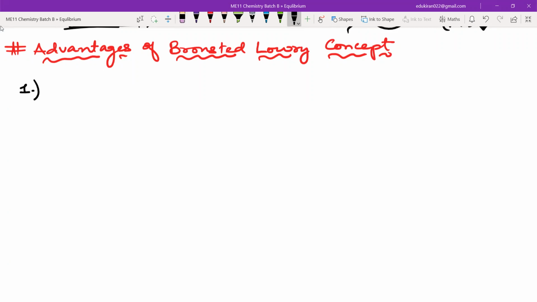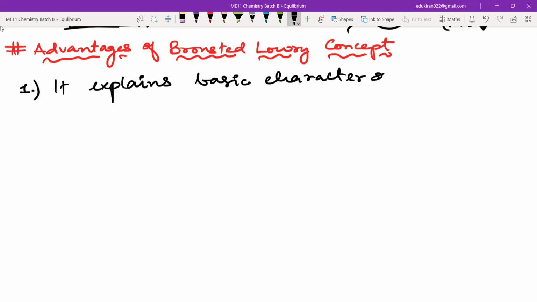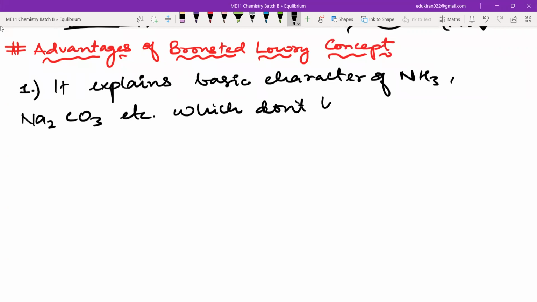So it explains basic character of NH3, then Na2CO3, etc., which don't have OH negative groups.